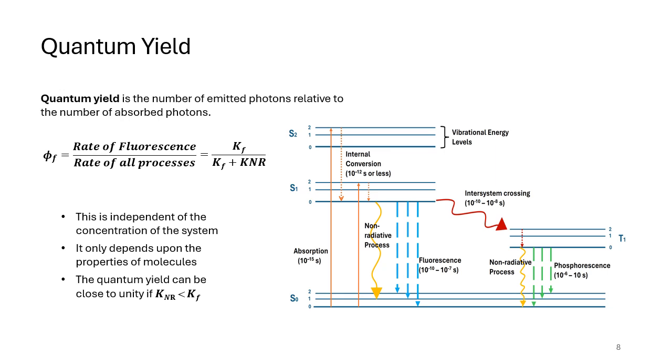And also when there is a high chance of phosphorescence, it again affects the intensity of fluorescence. So again it decreases the intensity of fluorescence, which is called the quenching. I'll discuss it in my later slides.